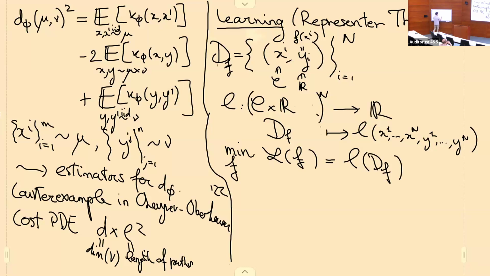If you are in kernel methods, you take f to be in the RKHS of your kernel. And you minimize this loss function. That's usually the optimization that you're trying to solve. And again, this L is generic. There is no a priori assumption to it.